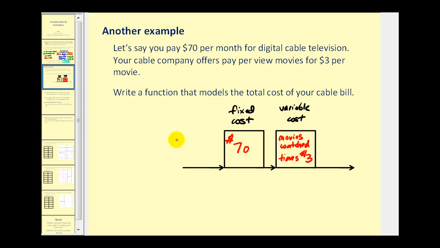So for this situation, the input would be the number of movies that you watch that month, and the output would be the total cost for that month.